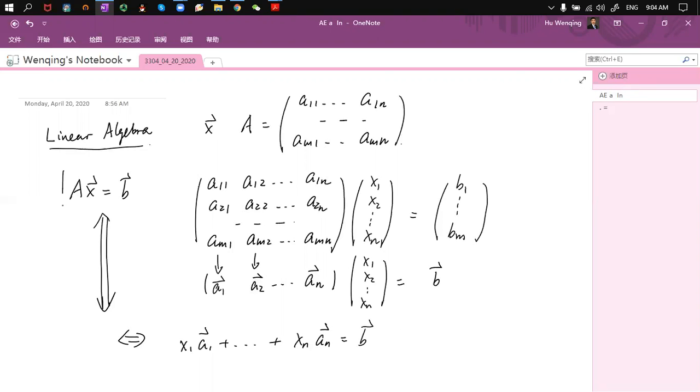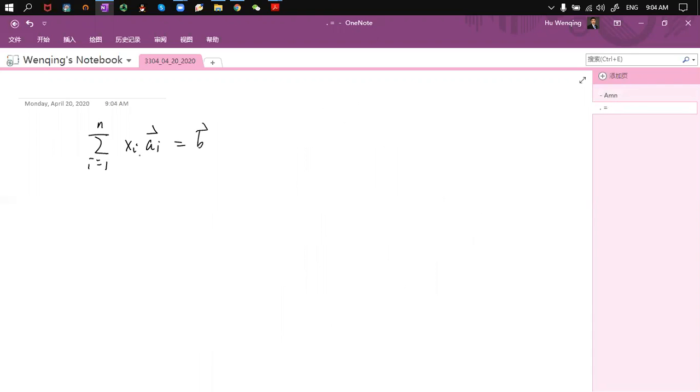In order to solve a linear algebraic equation like this, it suffices to say that a linear combination of the given vectors is going to be another given vector. That's a nice thing.